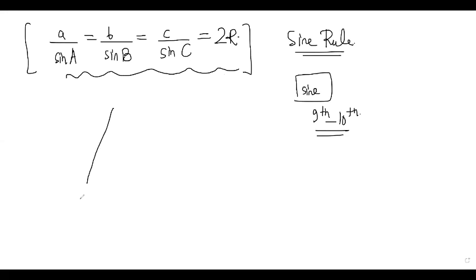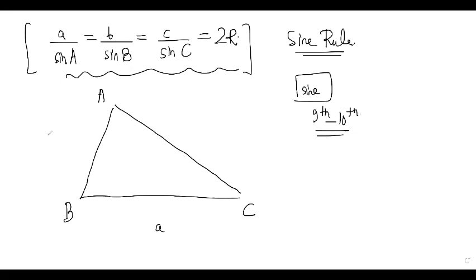Now, what is the cosine rule? So let's look at a triangle again, ABC. This is your triangle ABC. This side is called a, this side is called c, this side is called b, right? Now, in the cosine rule, we'll drop a perpendicular from A to the opposite side, right? This perpendicular is being dropped here.